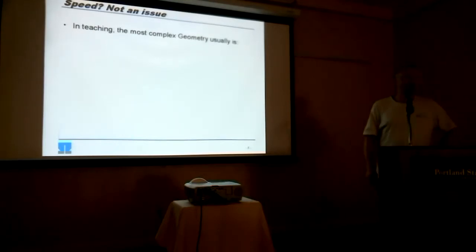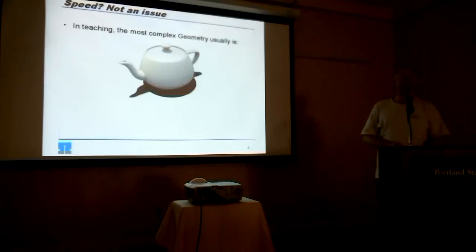We always think that we need to use the graphics hardware because of one single thing, speed. And actually in teaching, this is not an issue, because you can guess what the most complex geometry we ever use is? Yay! Why is that?